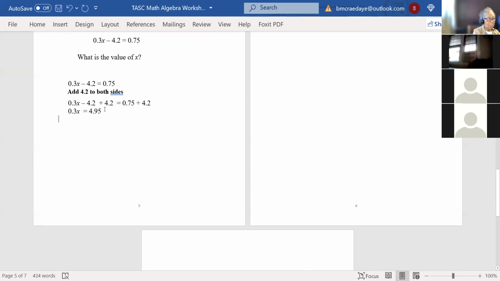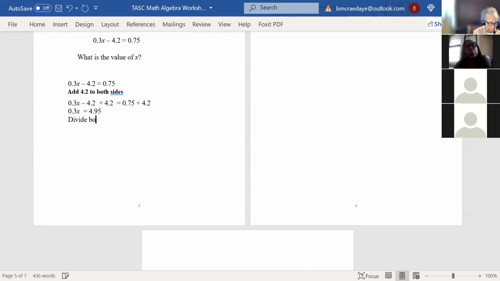No, how did you solve for the x? 0.3x is a multiplication. So what did you do? I put 0.3x, as you got there, equal to 4.95. And I divide it by 0.3. Okay, divide by 0.3.